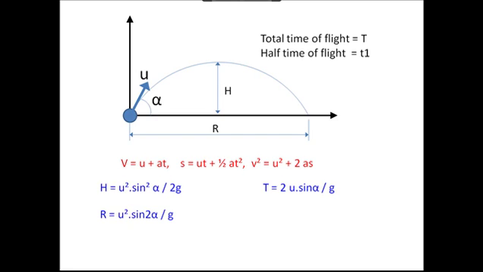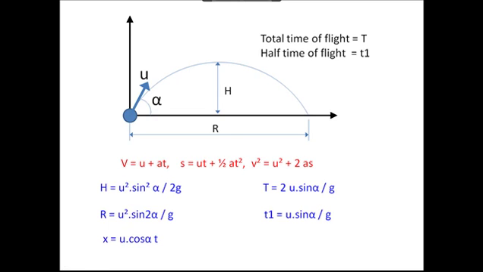Total range of the projectile, that is the total horizontal distance which the projectile travels, is r, and the time required to reach the top, that is half the flight, is given by t1, and we have an expression for this.